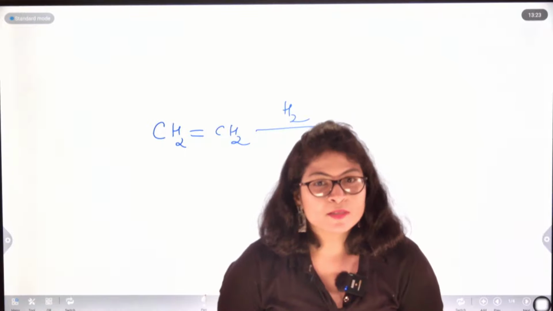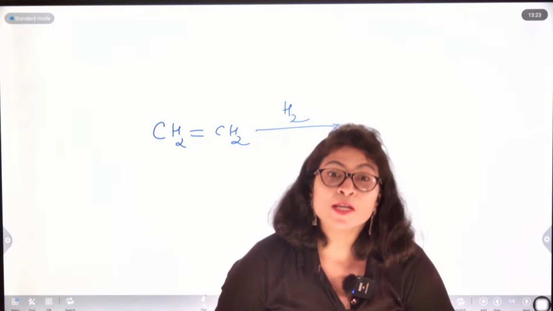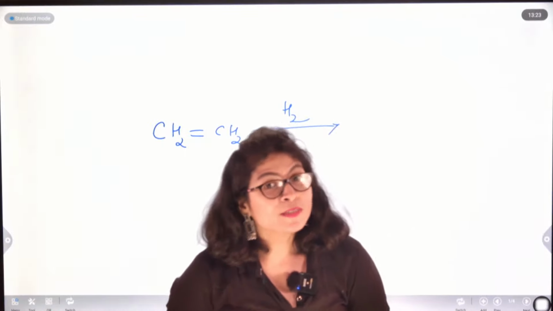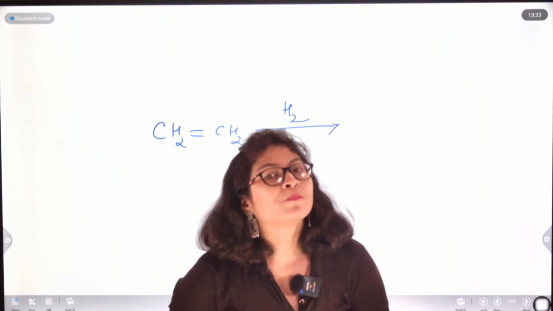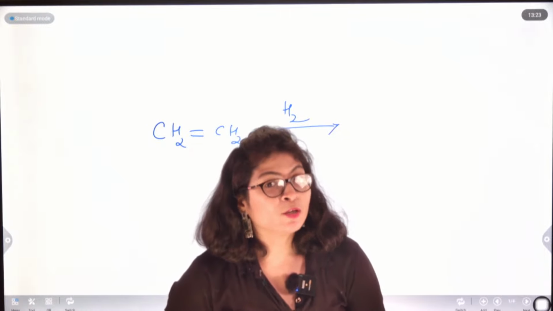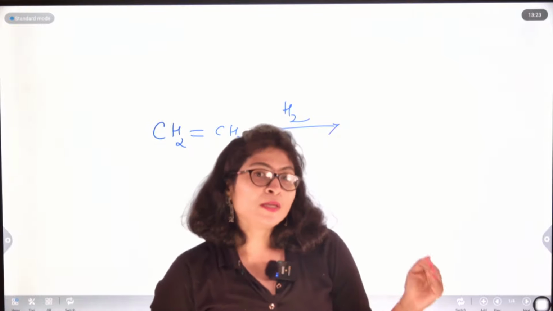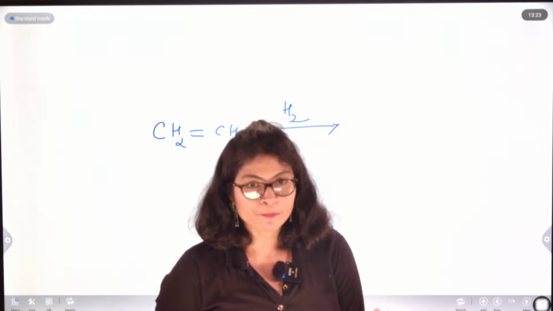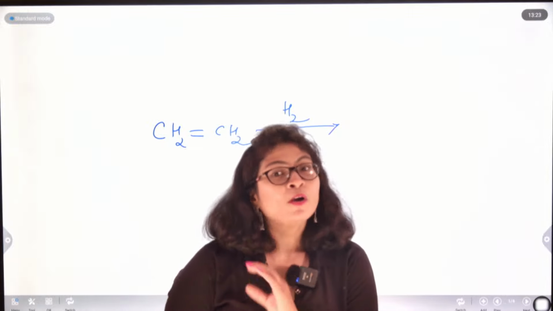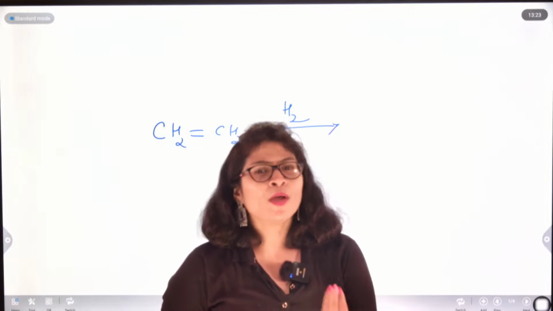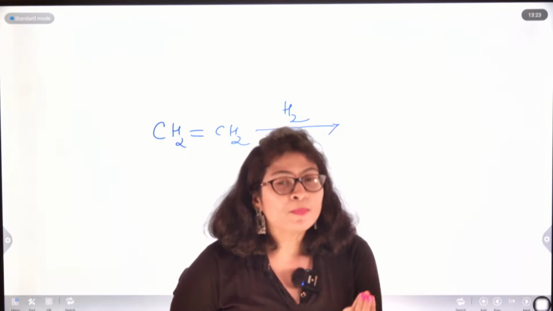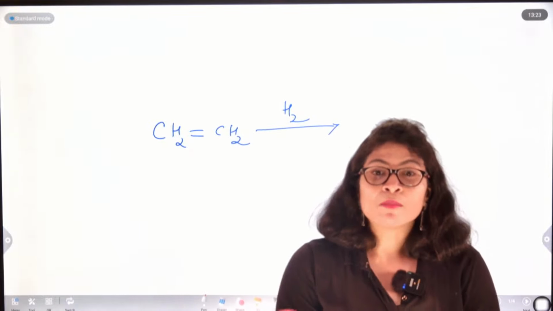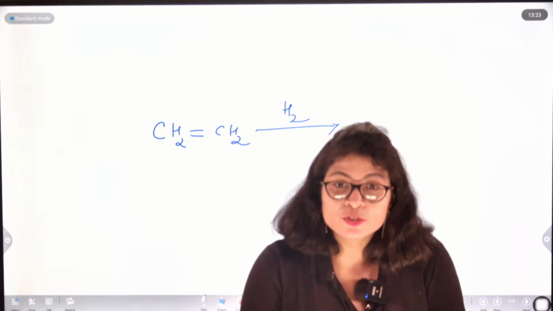A catalyst is any chemical substance which increases the rate of reaction without itself undergoing any chemical change. It will be extracted at the end of the reaction unchanged. It will simply make the rate of reaction faster.